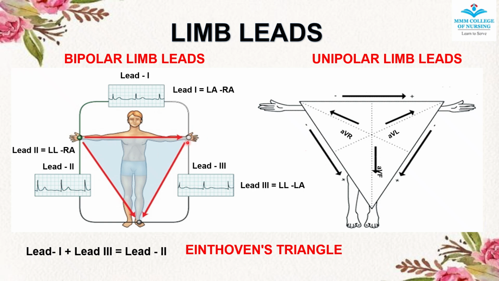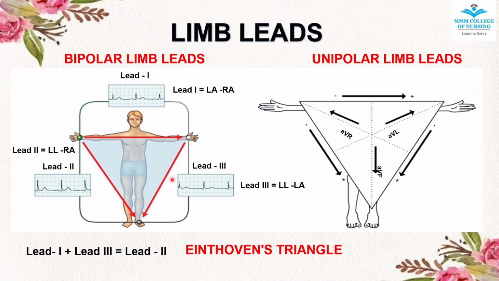Lead 2 points diagonally downward and records the difference of impulses between the right arm and left leg, whereas lead 3 is also positioned diagonally downward and records the impulse difference between the left leg and left arm.